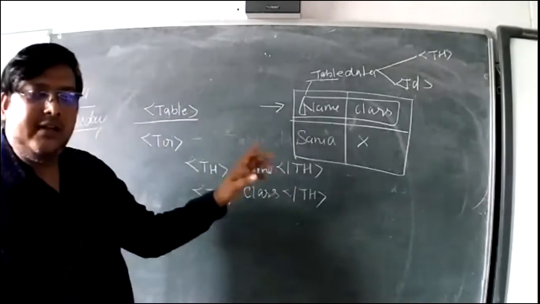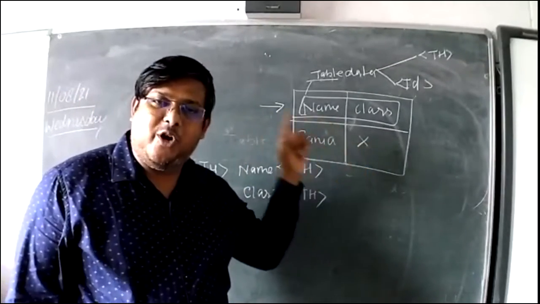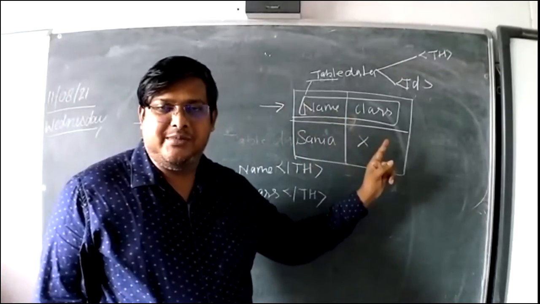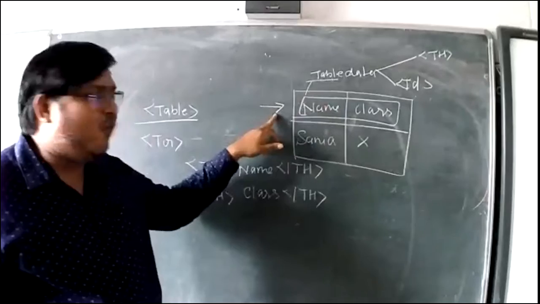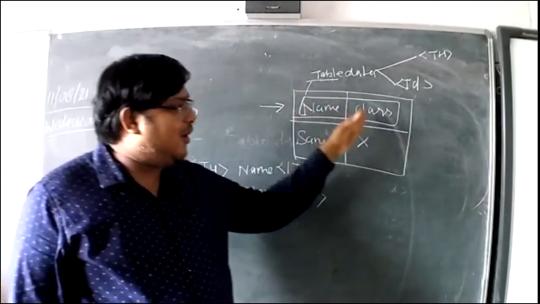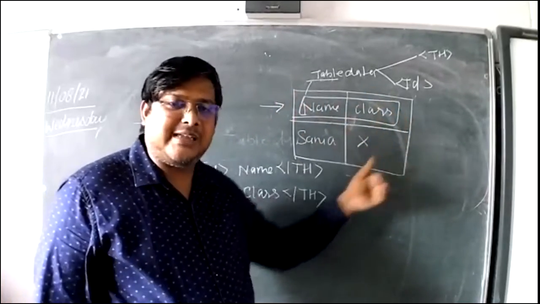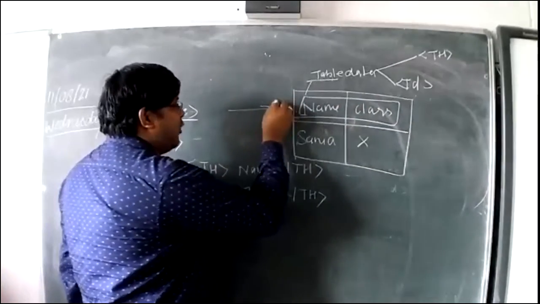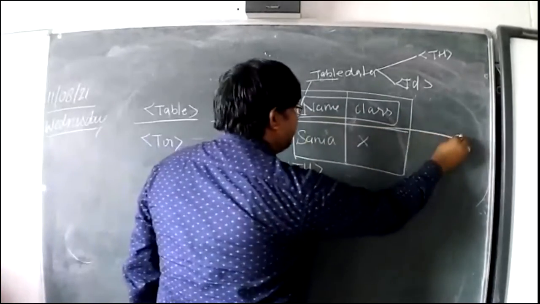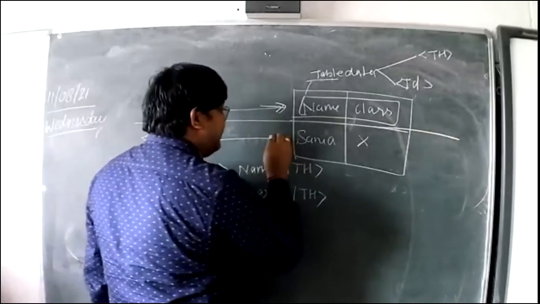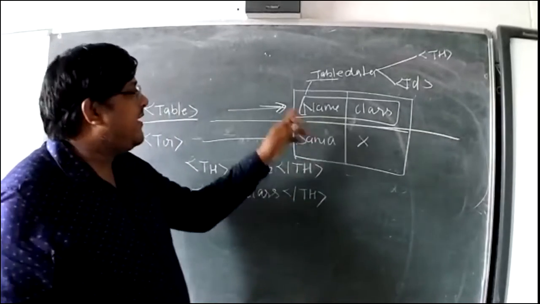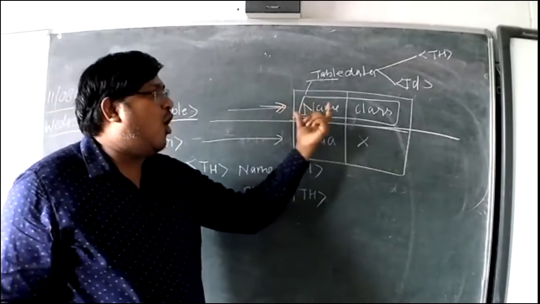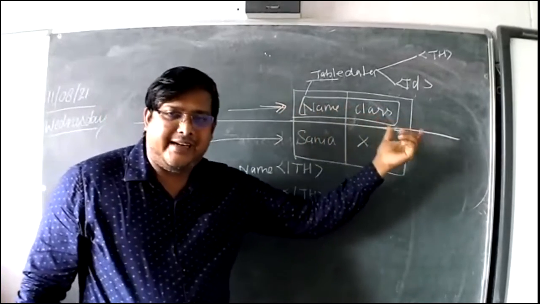Look here. A table always works in the form of rows and columns. First the row is represented, then the columns. And I told you in each row we have to see how many columns we have to display. That many times we will use td. And it is horizontal programming. First I will complete this row, then I will complete that row. So if we are opening the tr, we have to ensure that in this row, all the cells are represented.